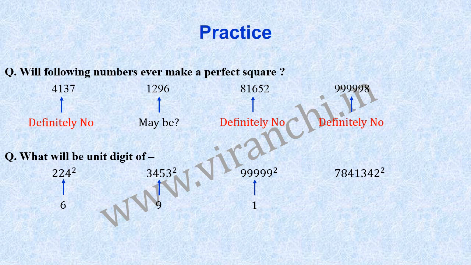And by the same argument, for the square of 7841342, all we need to calculate is the square of 2, which is 4. And we can straight away say that the square of this large number will end with 4 at its units place. So you see how easily we could calculate the unit digit in the square of such large numbers without actually calculating the square itself.